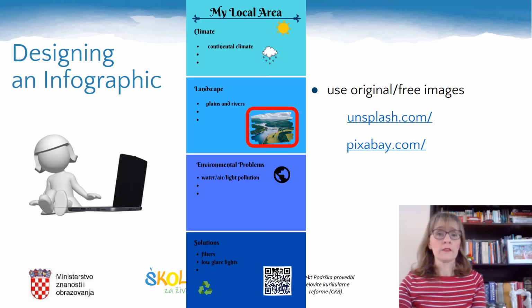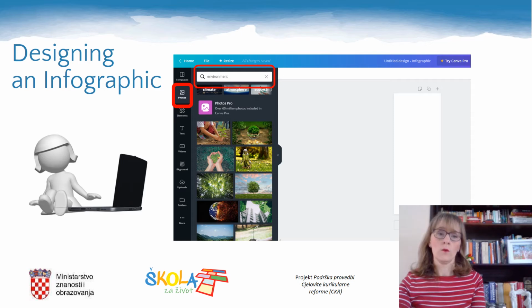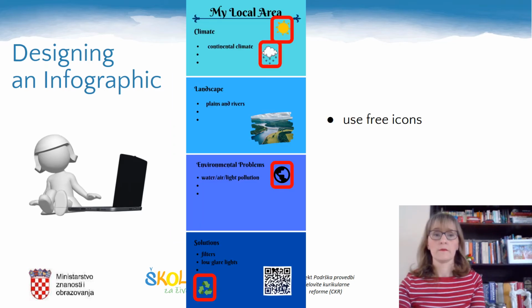Now that you have created different sections, added notes, you can add some images. You can upload your own images or some free images into Canva and then use them. Or you can choose from the photos Canva has to offer. Just pay attention that you choose the ones that are free. Another visual element we mentioned when talking about infographics were icons.